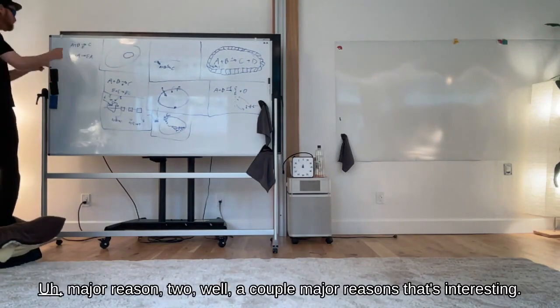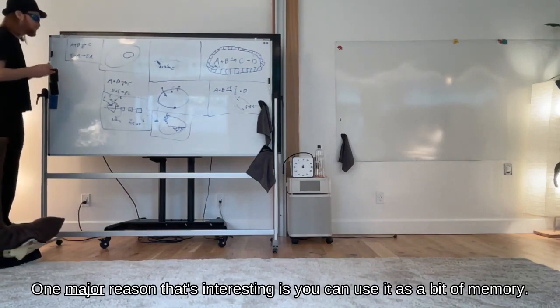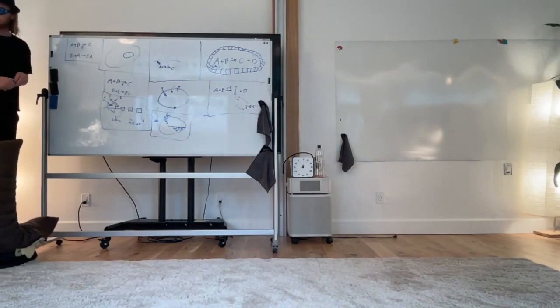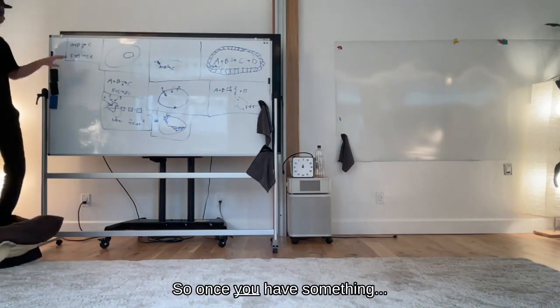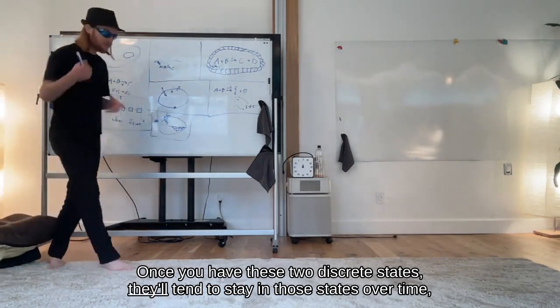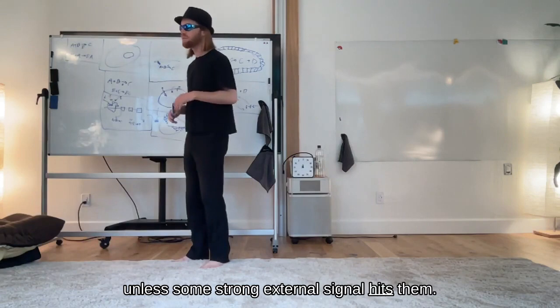A couple of major reasons that's interesting. One major reason is you can use it as a bit of memory. Once you have these two discrete states, they'll tend to stay in those states over time unless some strong external signal hits them.